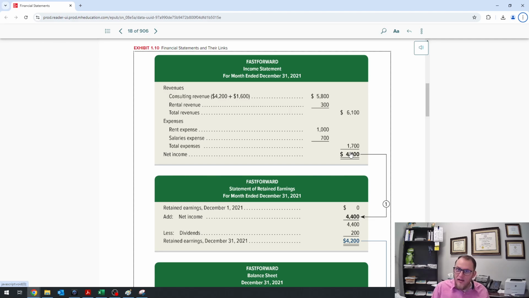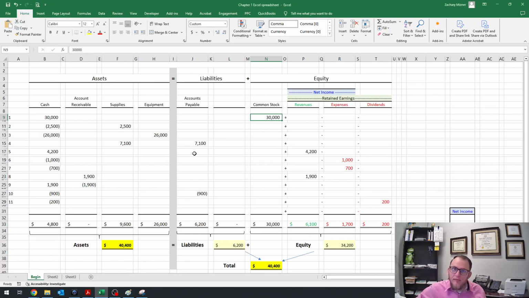So we've identified our transactions, we've recorded them here, and now we are using financial statements to communicate that information to the users of this information. That way they can make their important business decisions on what direction the company needs to move, or do they need to pivot, or are more supplies needed? Does somebody need to purchase more inventory? Whatever it is they're using this information for, this is typically a good way to communicate that information to them.